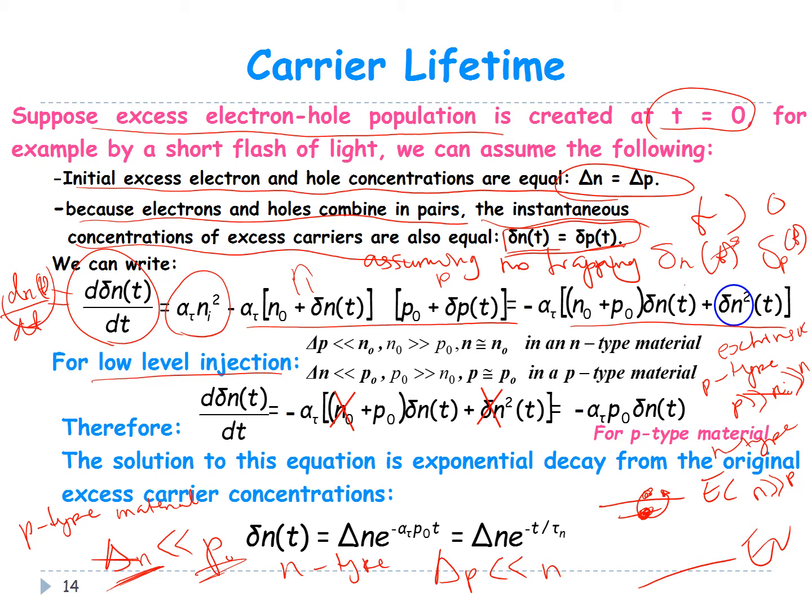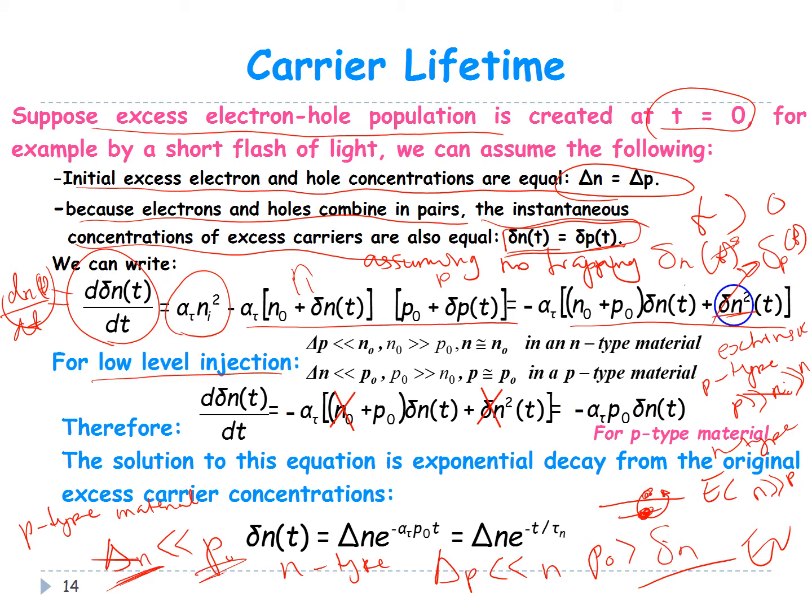for the case of a p-type material, you will find that, by assuming low-level injection and an extrinsic material, you can see that in this equation here we can get rid of delta n squared. So we are saying we have p naught, so this is a p-type material. p naught is much greater than delta n.